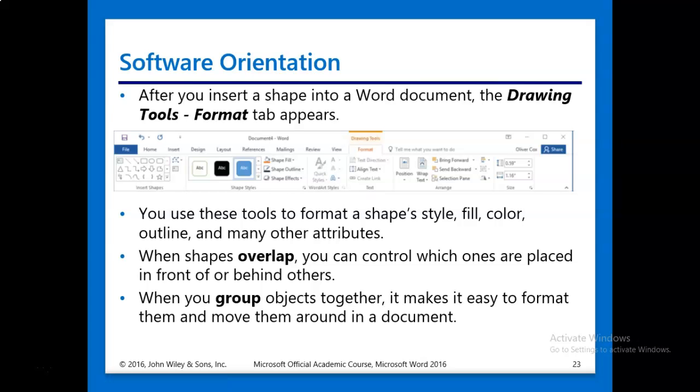You use these tools to format a shape's style, fill, color, outline, and many other attributes. When shapes overlap, you can control which ones are placed in front of or behind others. When you group objects together, it makes it easy to format them and move them around in a document. So over here is where you'll see the grouping icon.